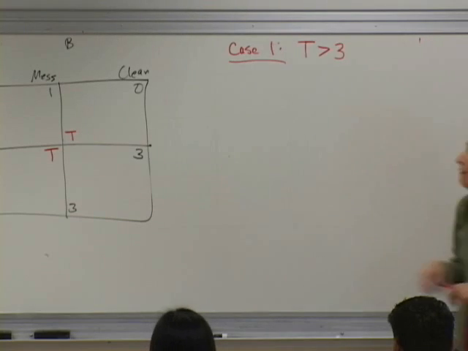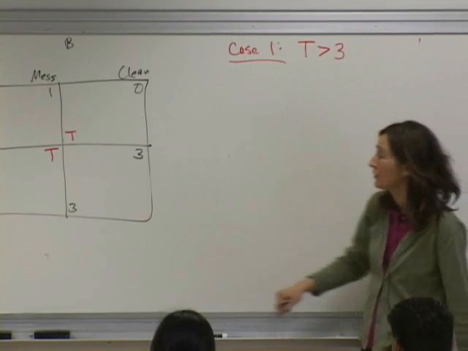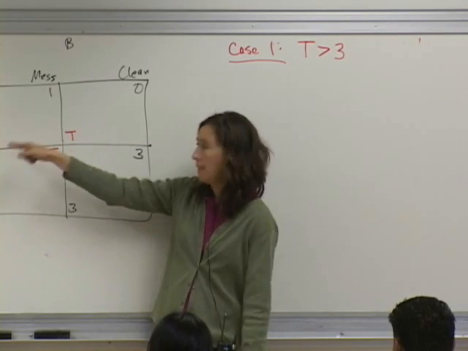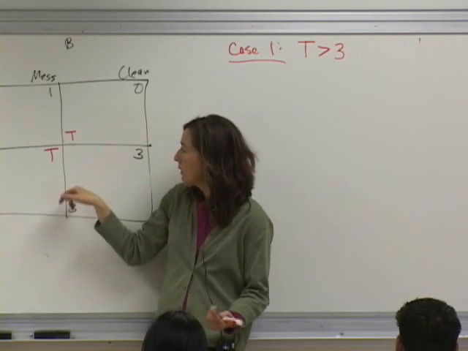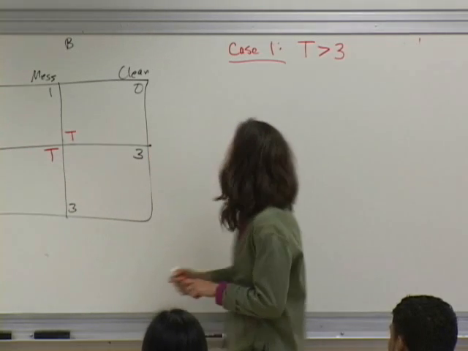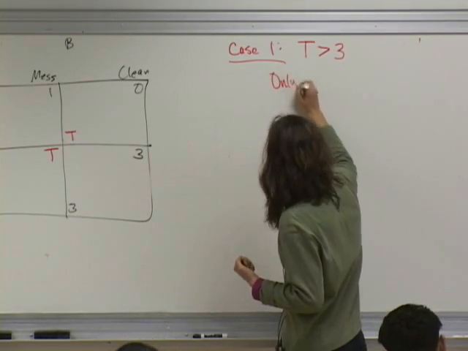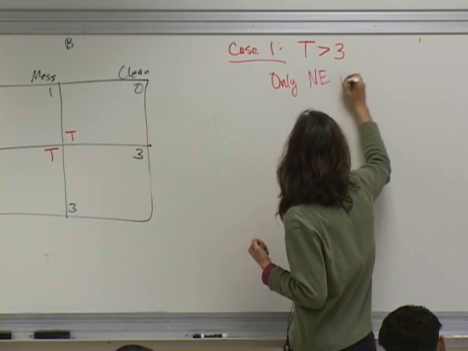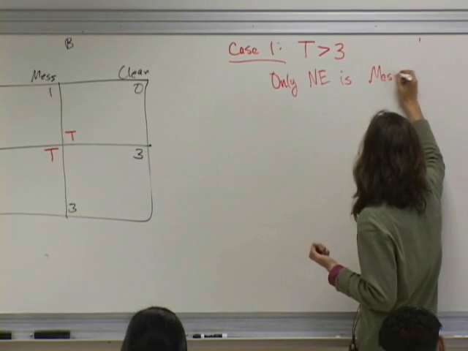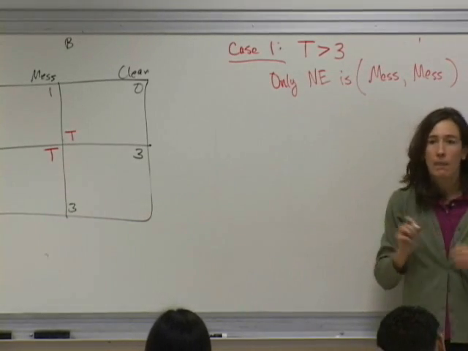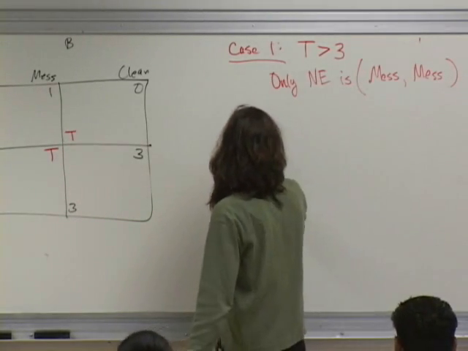Yes. The game's a prisoner's dilemma, right? I'd rather leave the mess when you clean up, and I'd rather leave the mess when you leave the mess. In this case, the only Nash equilibrium is mess-mess.